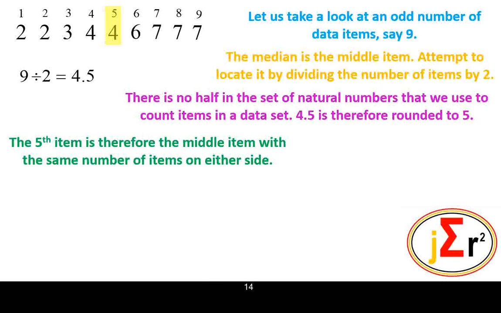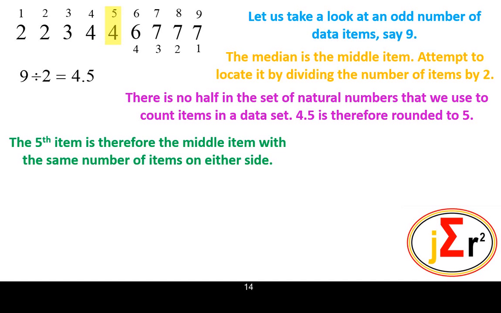Right, so if we can say that the number of items on either side is the same, then we are sure that we have located the middle of the data set. On one side, which is the left side, we have 4. On the right side, we also have 4.